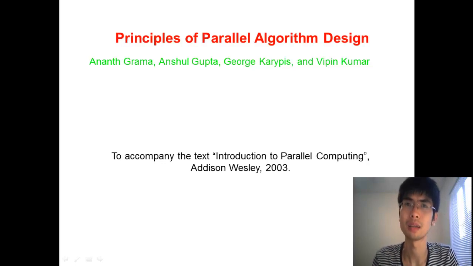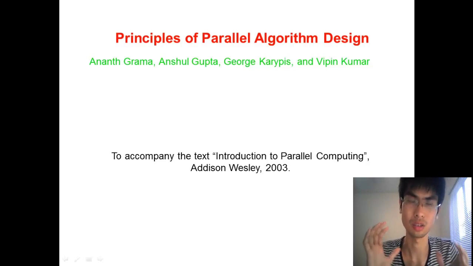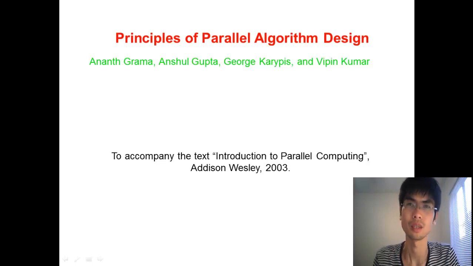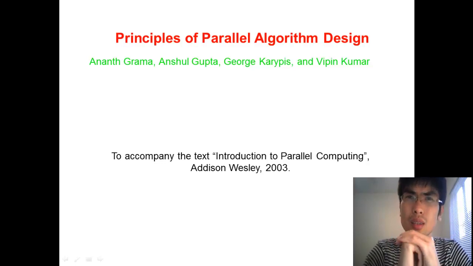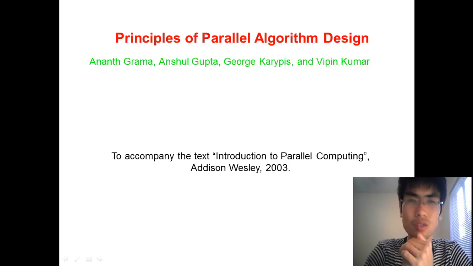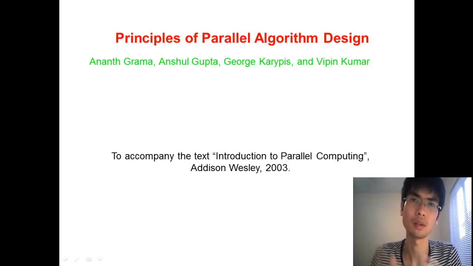Nowadays, big data centers and big communication data centers rely so much on parallel computing. So let's begin today's lecture about parallel algorithm design.